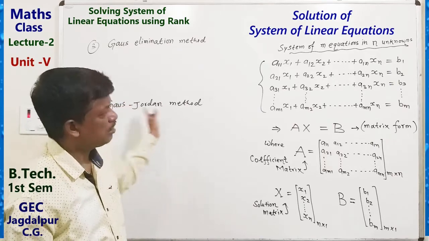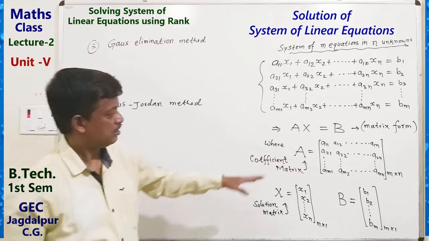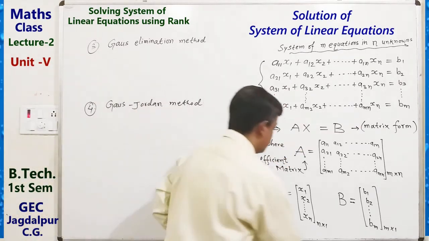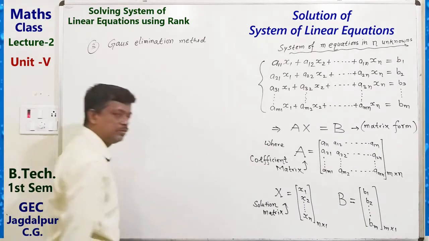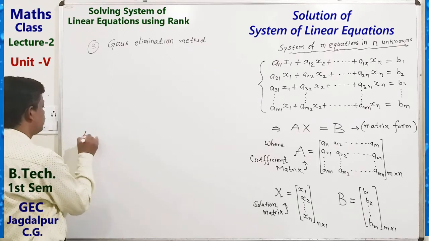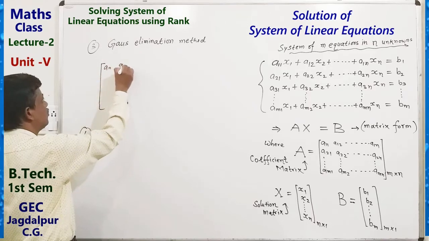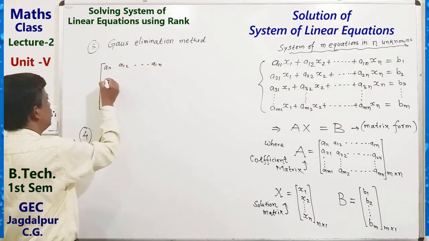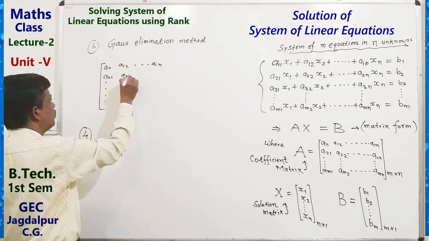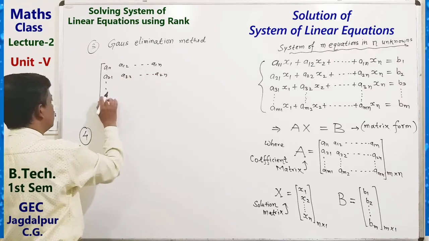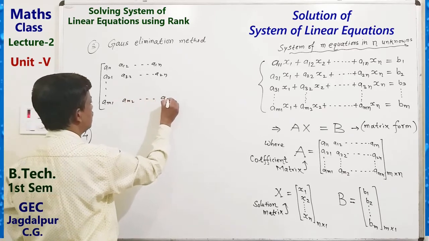Coefficient matrix, and totally we can take it as a matrix form and convert it to the echelon form. Suppose this system we are writing like this: A11, A12 up to A1n, and A21, A22 up to A2n, and here Am1, Am2 up to Amn.